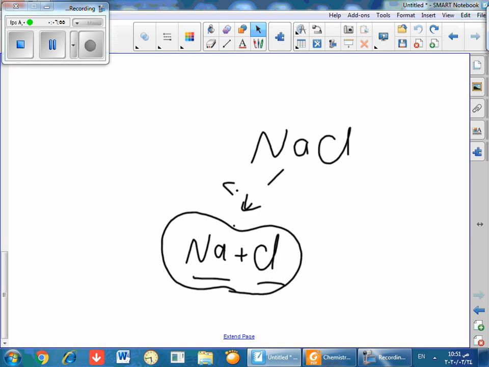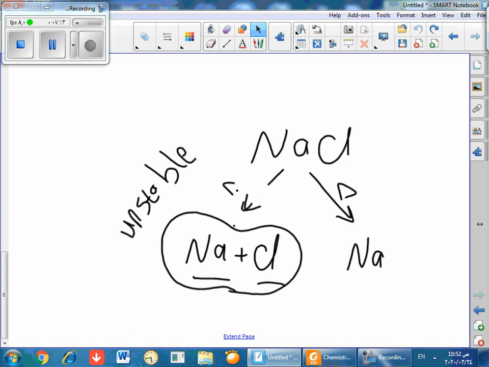So it means unstable. This is called an unstable compound, which can separate into its primary elements. But if we heat a compound and it does not dissociate, it's called a stable compound.